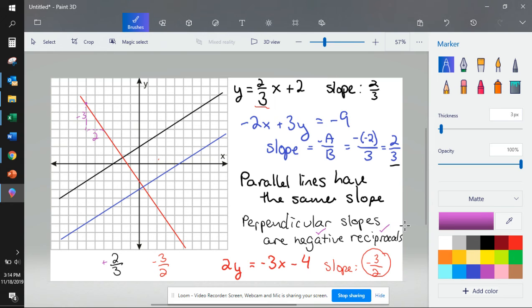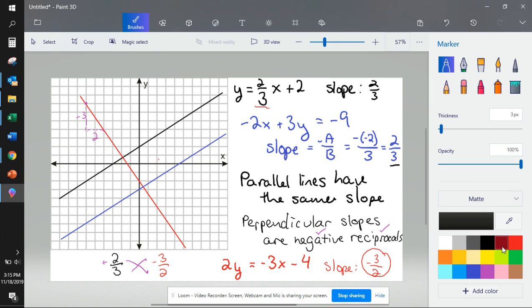And if they are reciprocals of each other, in other words, if the fractions are flipped upside down, and we can see that the denominators and the numerators switch spots between them, that means that we're dealing with a reciprocal. So since the lines are opposite in sign and the fractions are flipped upside down between each other, then they're going to be perpendicular.